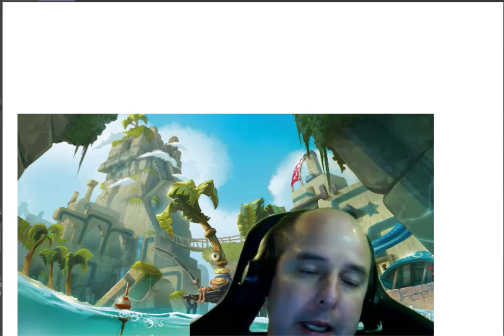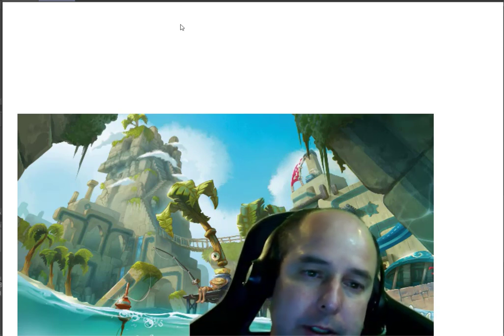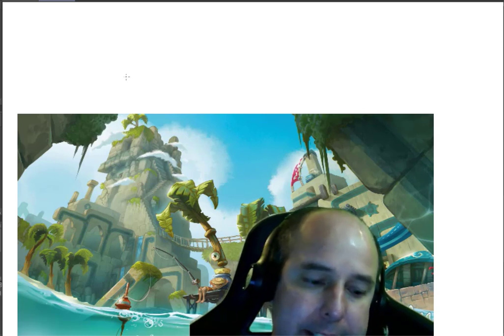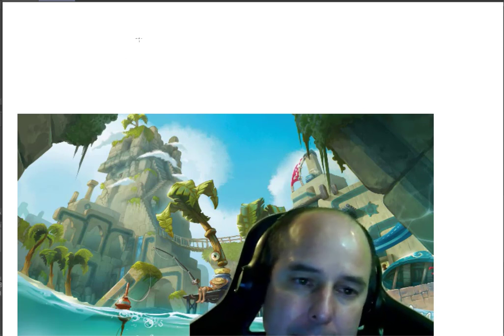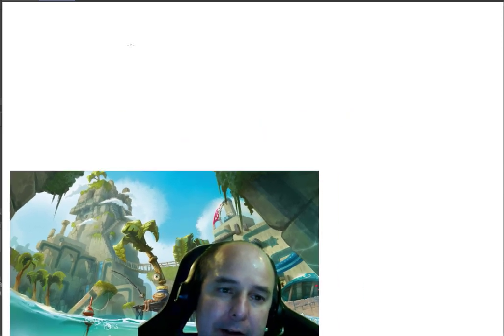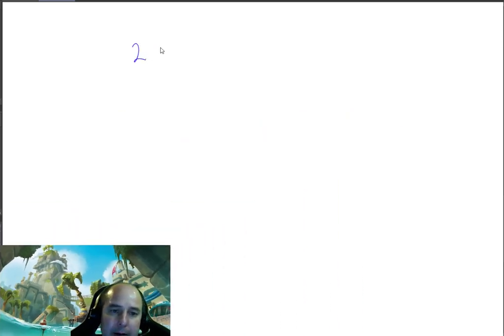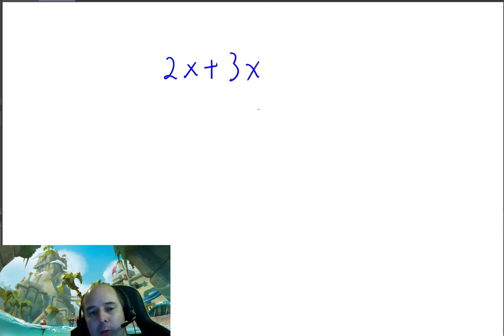When you have radicals, they actually follow a lot of the same rules as variables. Let's say I had 2x, and I wanted to add 3x to it.